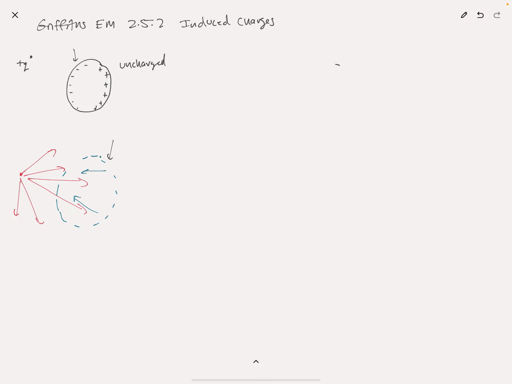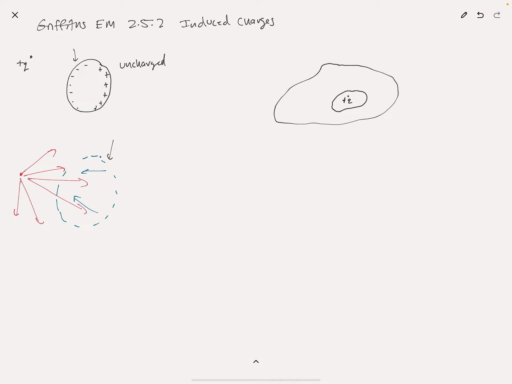What happens if I have some conducting surface, or some conducting volume rather, and I have a void or a cavity inside of my conductor that has a positive charge Q. Right, so there's some empty space inside of my conductor that has a charge inside of it.